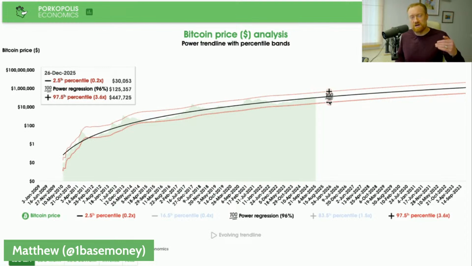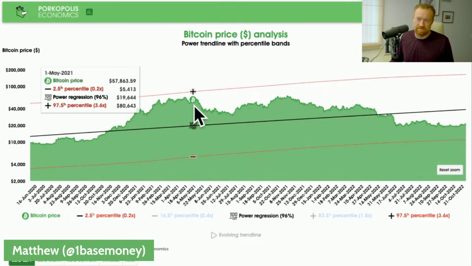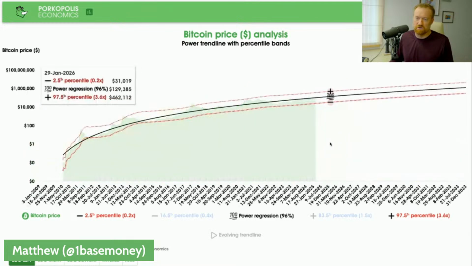But if we move up a few legs over the multiple, like we did in 2021, like we did in 2017, like we did in 2013, okay? If we actually kiss the red line, and remember, I've retweaked this model a couple times, still didn't kiss it in 2021, but let's assume that we do here at the end of this year, $450,000 Bitcoin. All right, so that's the price.